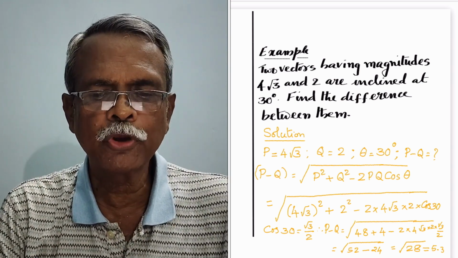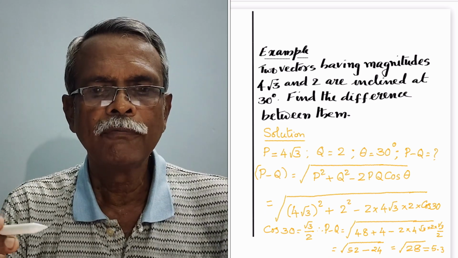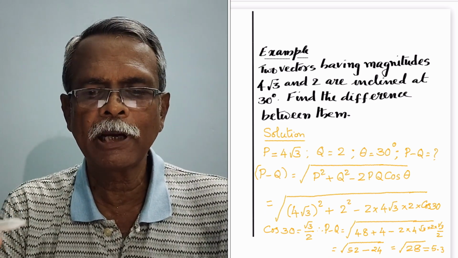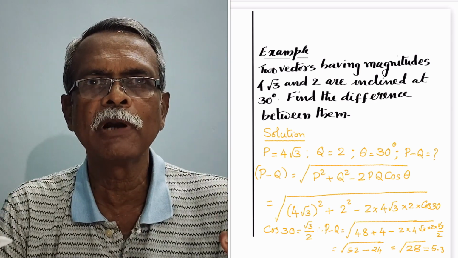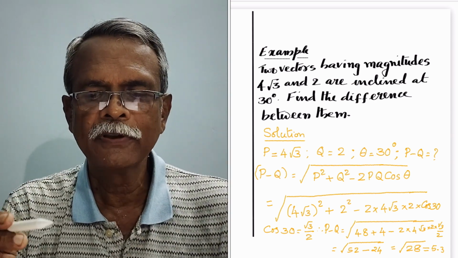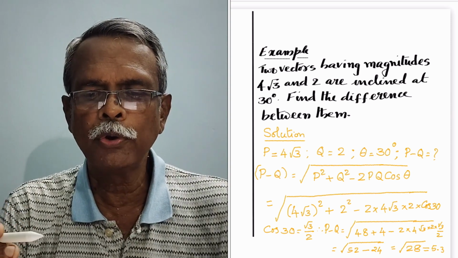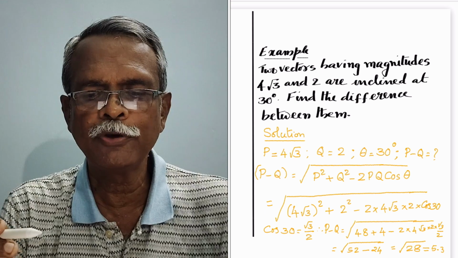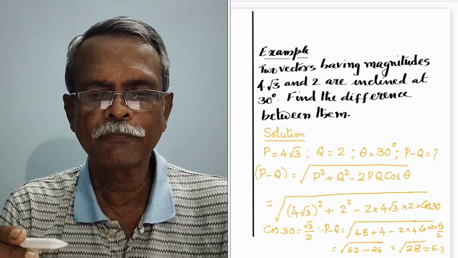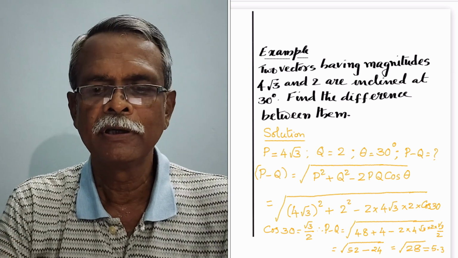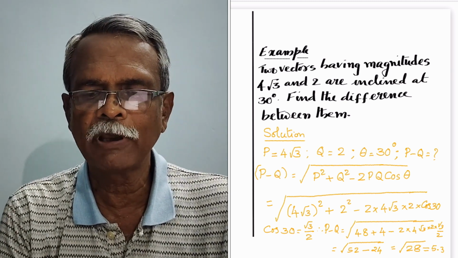Therefore, P minus Q is the square root of 48 plus 4 minus 2 multiplied by 4 multiplied by root 3 multiplied by root 3 by 2. That will be 52 minus 2 into 4 into 3 into root 3 into root 3, that will be 24. Therefore, 52 minus 24, that is the square root of 28.